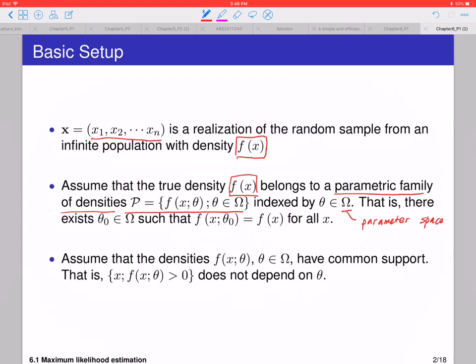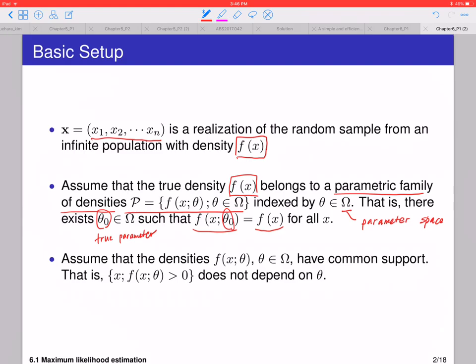There exists zeta null, which is the true parameter, such that this unknown density function is one particular case in the family, so it belongs to the family indexed by zeta null.